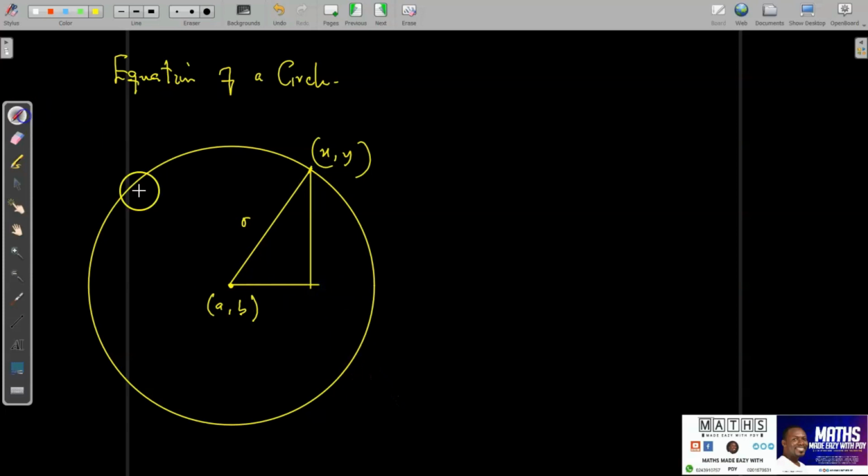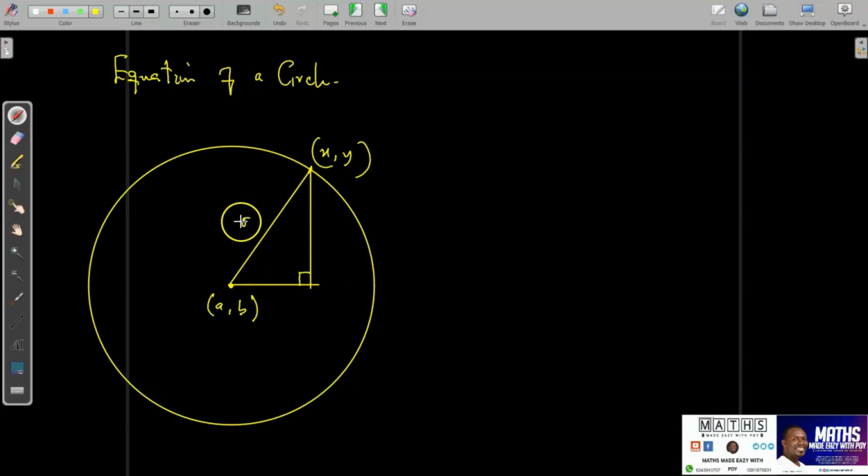And when we do so, it gives you a right angle triangle. I don't know if you can see it clearly. So we've generated a right angle triangle out of this. And therefore, the radius becomes what to the right angle triangle?